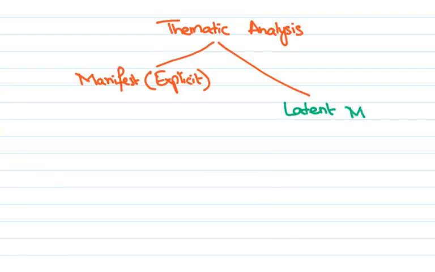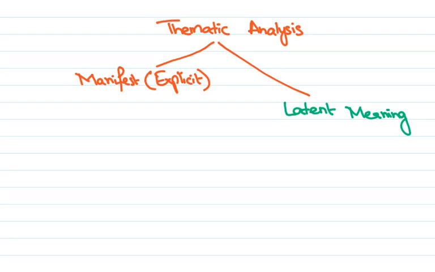This will go into your interpretation as well, because remember when we did the chapter on interpretation, we talked about two different styles of interpretation. One was the suspicious style, and the other was a more empathic style of interpretation, right?